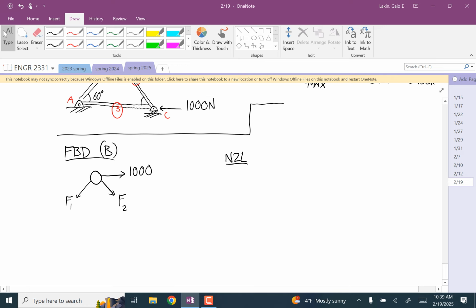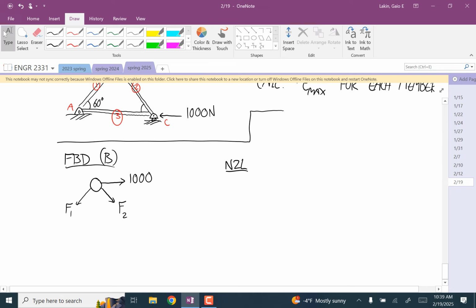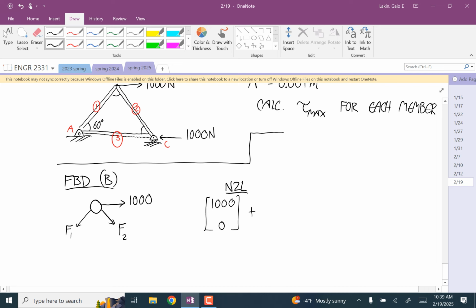So this first one says we have 1,000, 0, plus negative 0.866 F1, negative 0.5 F1, plus, I did those backwards, sorry.